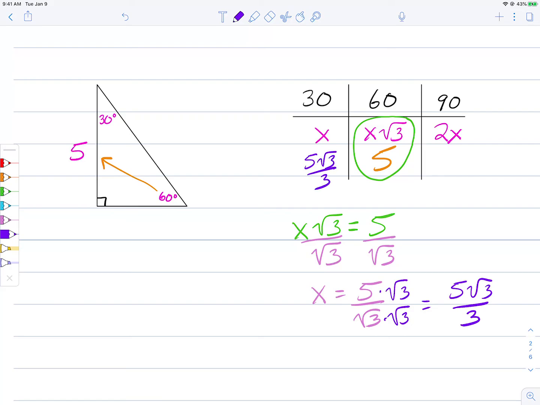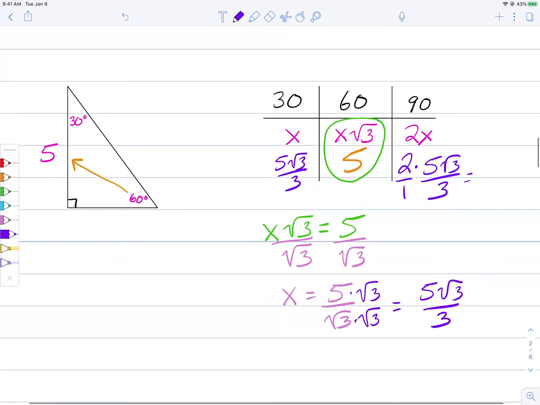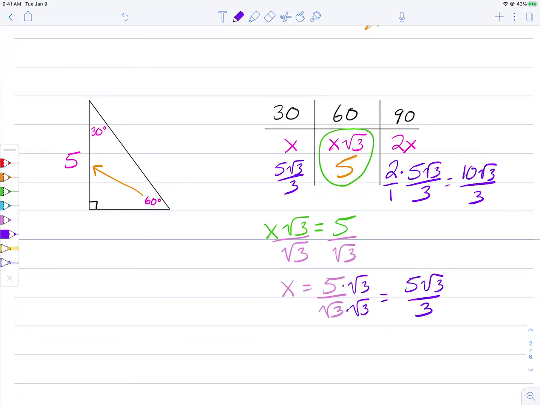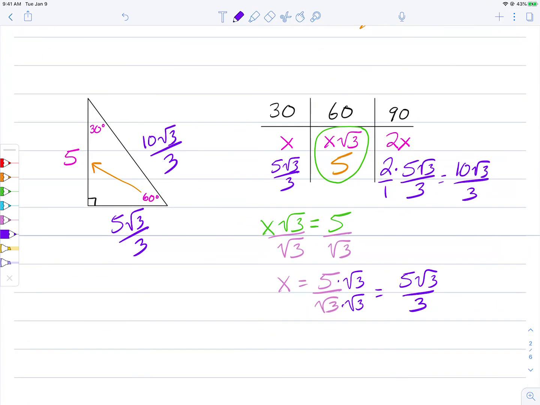Across from the 90 is 2 times 5 root 3 over 3. If I multiply 2 over 1 times 5 root 3 over 3, I get 10 root 3 over 3. So if I label this on my triangle, across from the 30 is 5 root 3 over 3, and across from the 90 is 10 root 3 over 3.